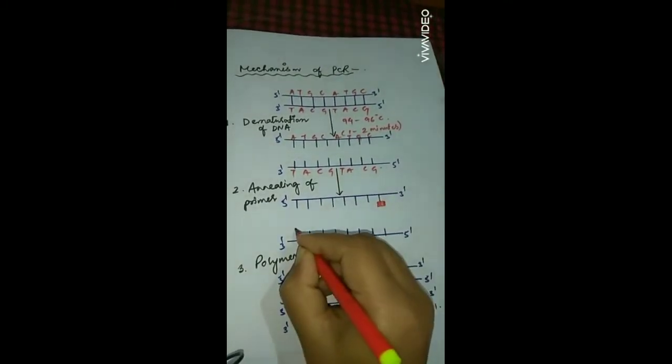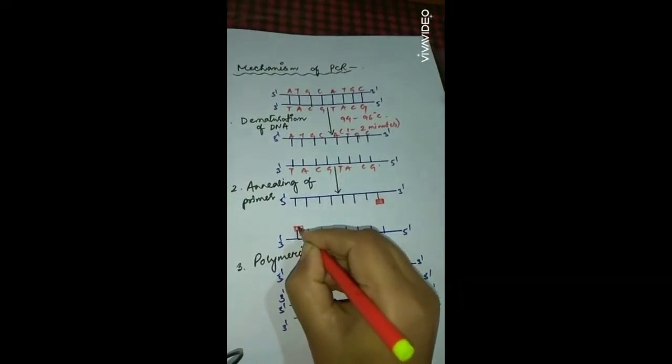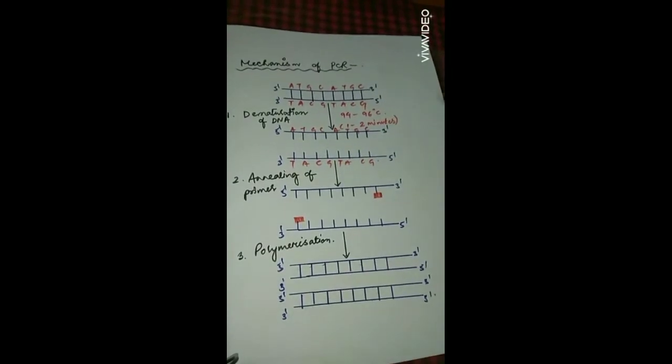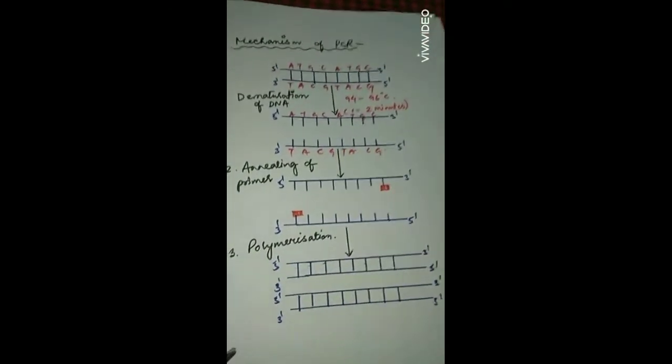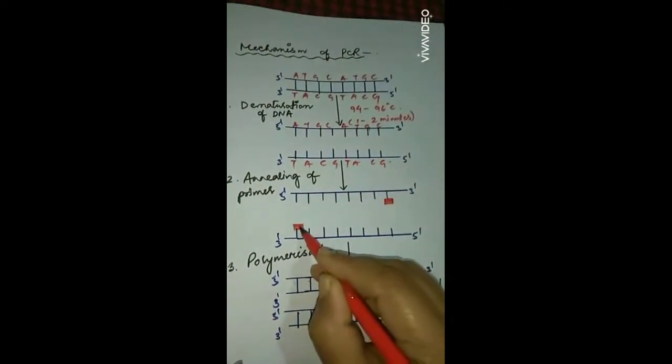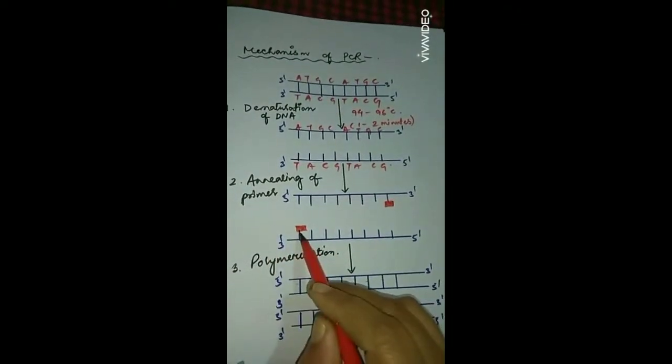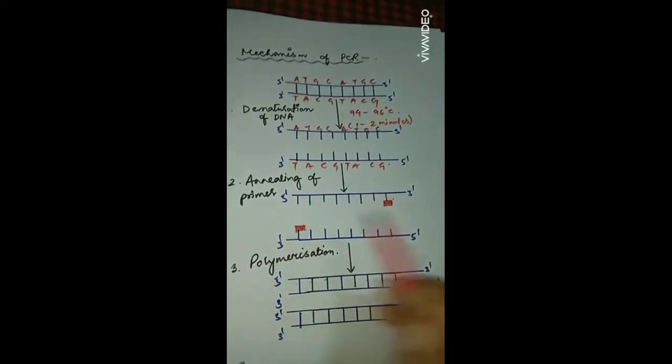Annealing of primer is nothing but the addition of the primer from the 3' side. As you know, during the replication process of DNA, primers are required. So here also primers will be required. These are the primers that were added on the 3' side of the DNA.